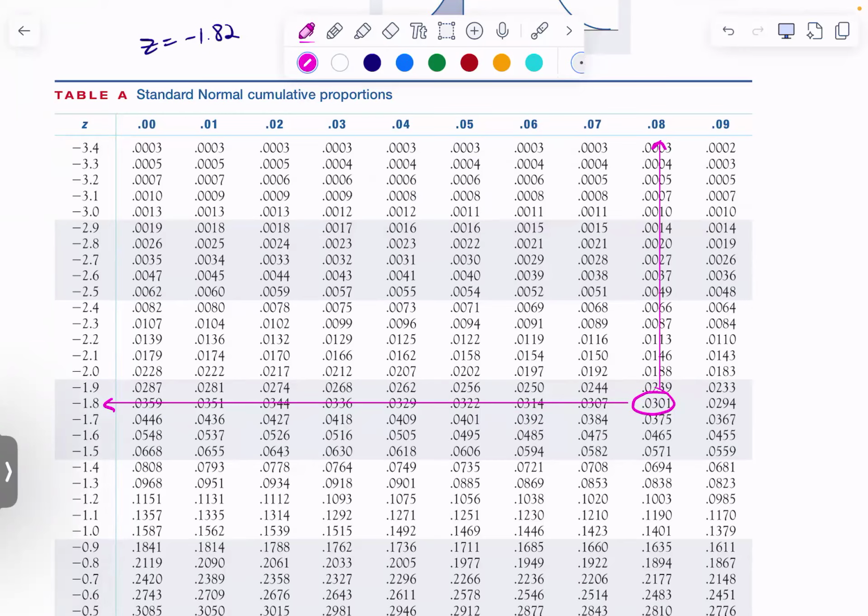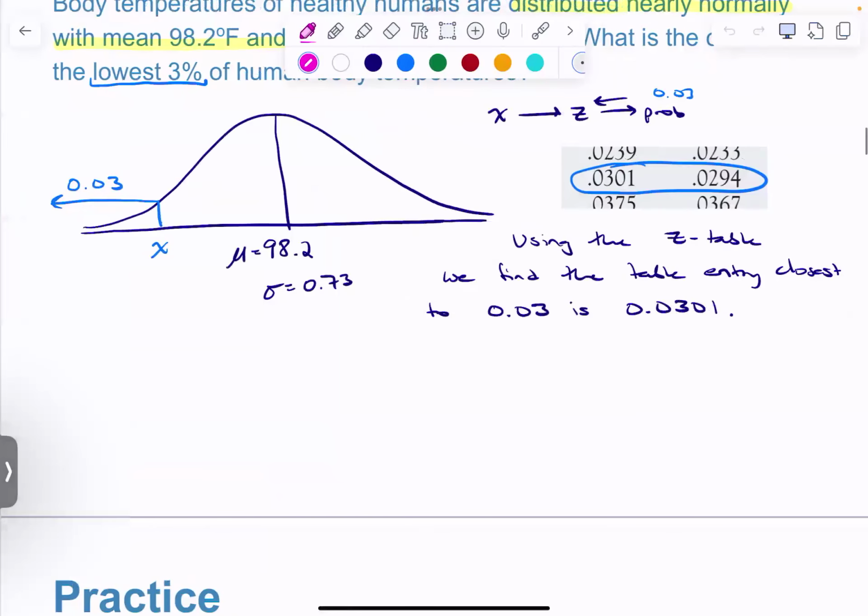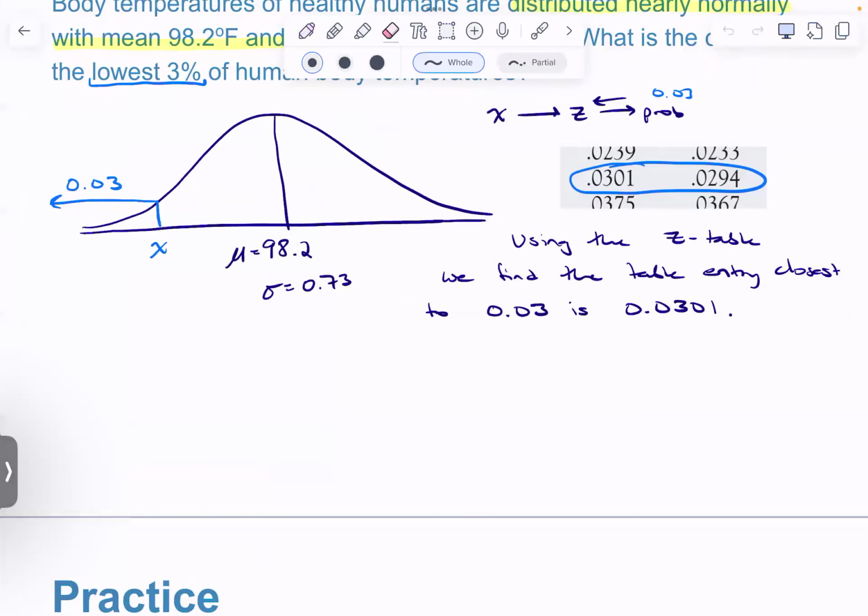So now this 0.0301 corresponds to a Z of negative 1.88. So we're going to write that down, which corresponds to Z equal to negative 1.88. There.